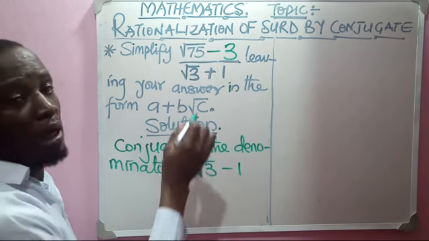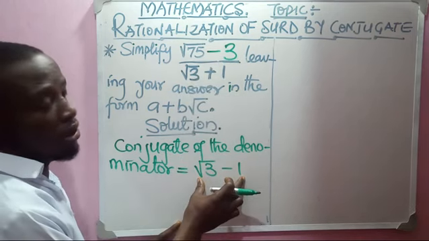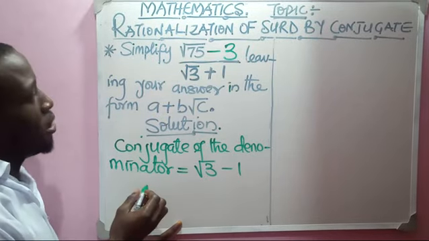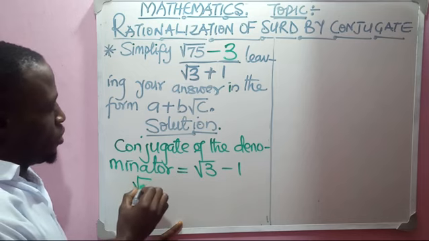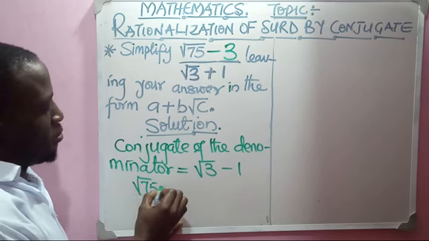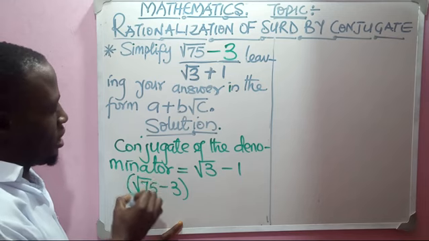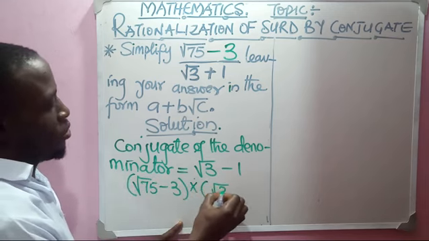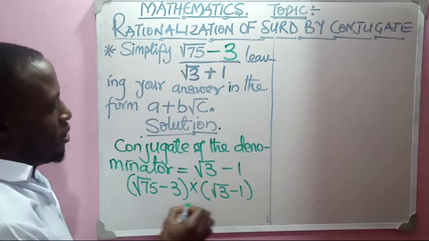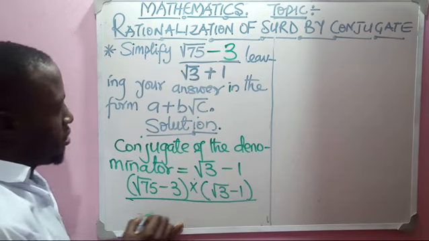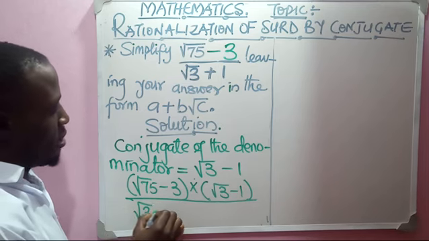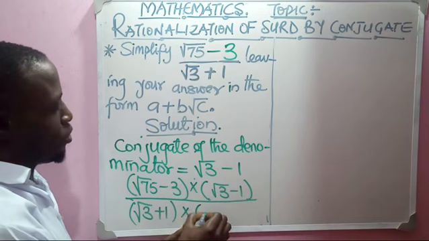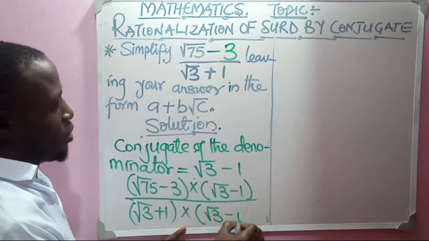So you multiply the numerator by this conjugate and the denominator by the same conjugate, which makes it root 75 minus 3, let's put it in bracket, times root 3, which is now the conjugate, minus 1, over root 3 plus 1, which is the original number, times its own conjugate, root 3 minus 1.